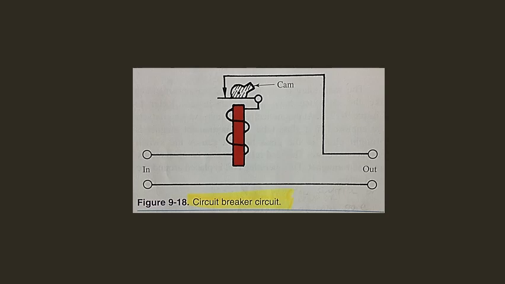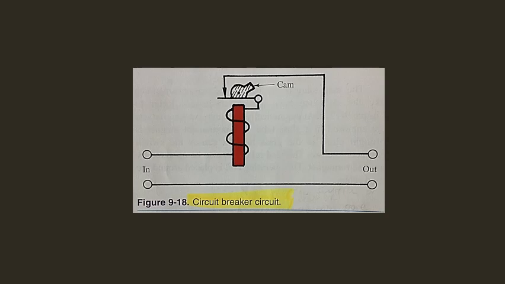Look at the electromechanical coil and armature parts in Figure 9-18. Compare this device to the relay. Notice that in the circuit breaker, the coil and the armature points are in series, and the entire device is connected in series in the line carrying the load.